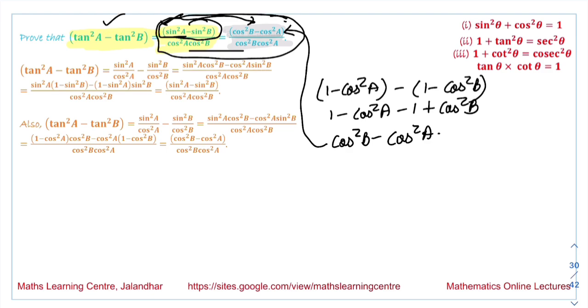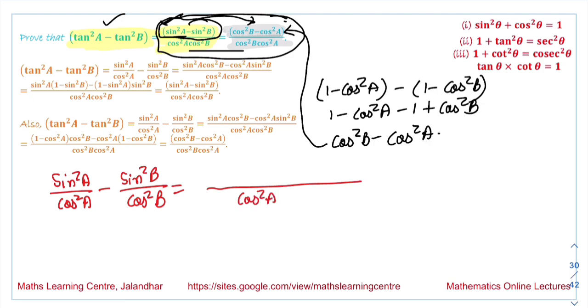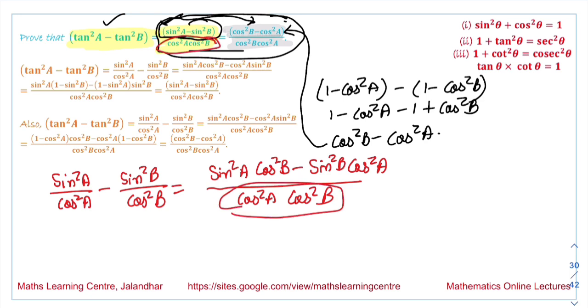Now we are left with proving that this value is equal to one of these values. To prove this, we are writing sine square A over cos square A minus sine square B over cos square B. If we take the LCM over here, we will get cos square A cos square B. This term will become sine square A into cos square B minus sine square B into cos square A. The denominators are the same for both these cases.